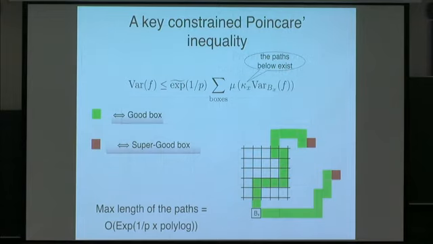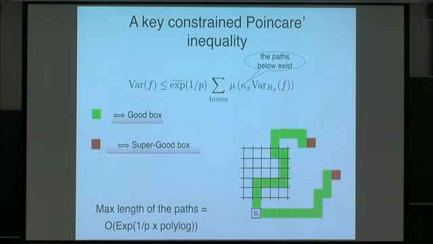And then what we can prove is the following. Remember that in order to control the infection time, we need to control the relaxation time, and therefore we need to prove a constrained Poincare inequality. The Poincare inequality that we begin to prove is the following. Imagine that you cover your lattice with boxes of side 1 over p times some polylog in 1 over p.